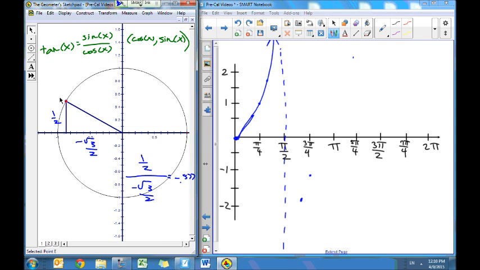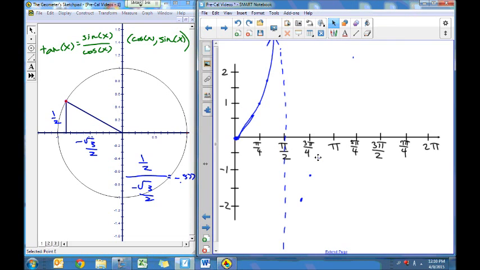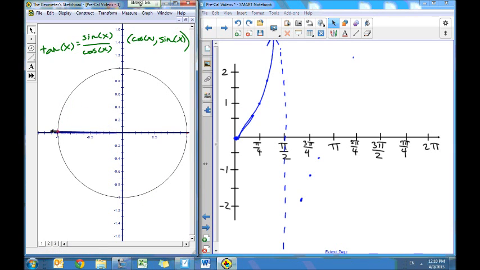And so this point is right here approximately. I'm just plotting points. And over here, I'm at pi, I'm at negative 1 comma 0, and 0 divided by negative 1 is 0.